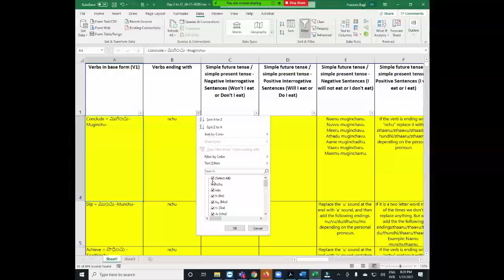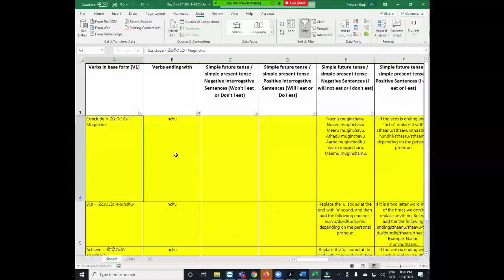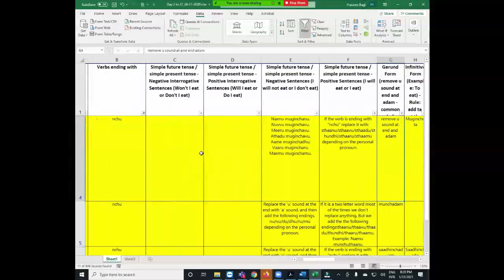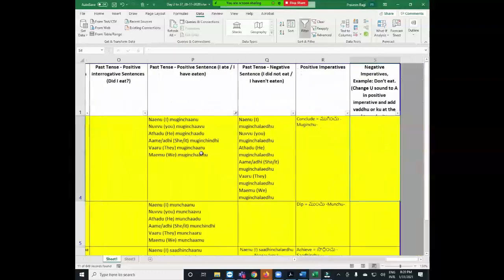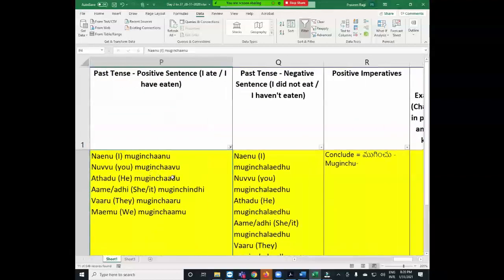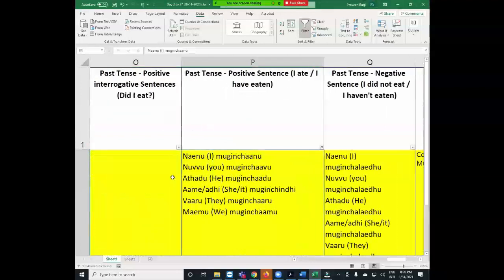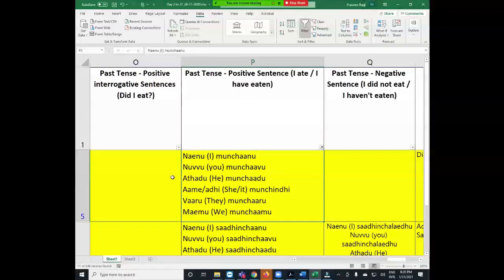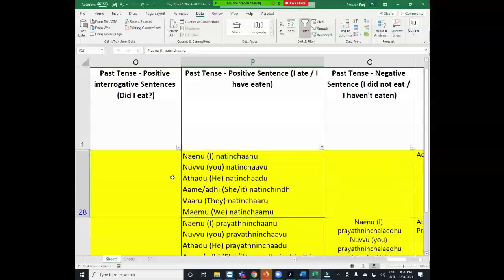For example, I choose nchu. If I explain any sentence there, you will find here, నేను ముగించాను. This one we are talking about. Here, all the verbs which end with nu are here.